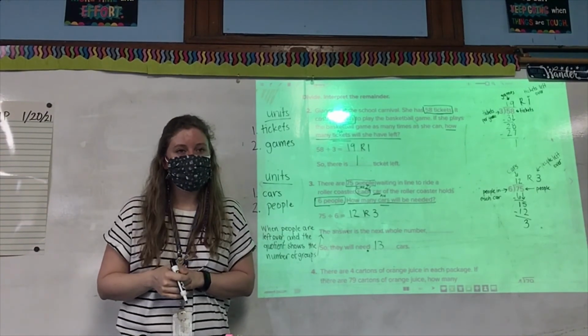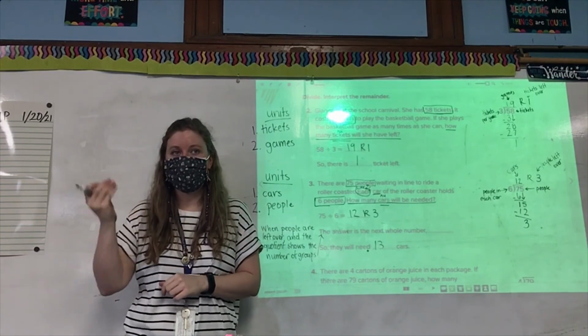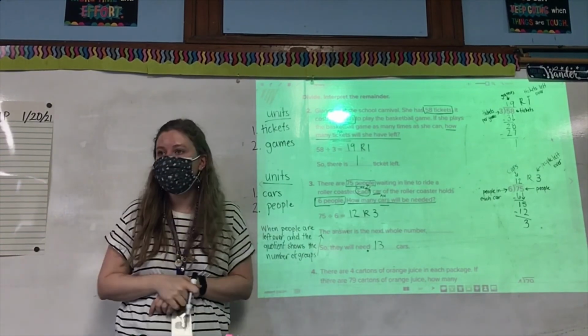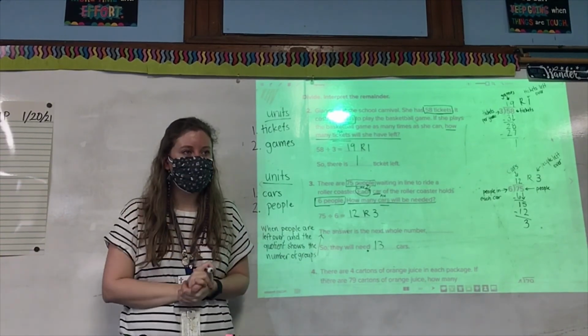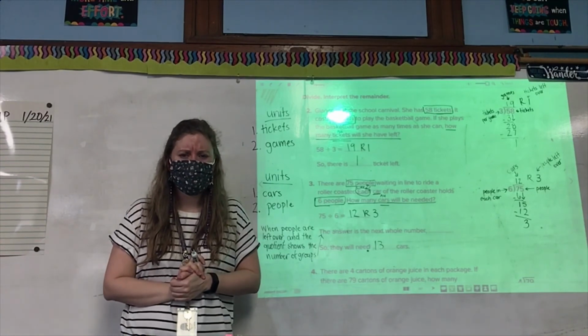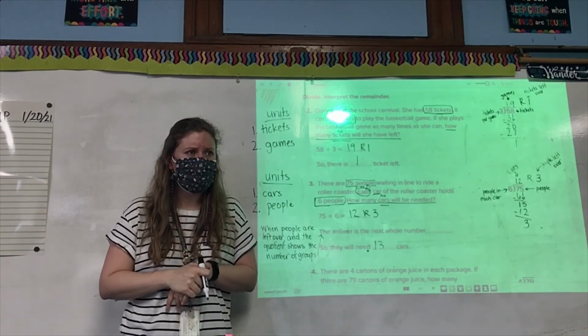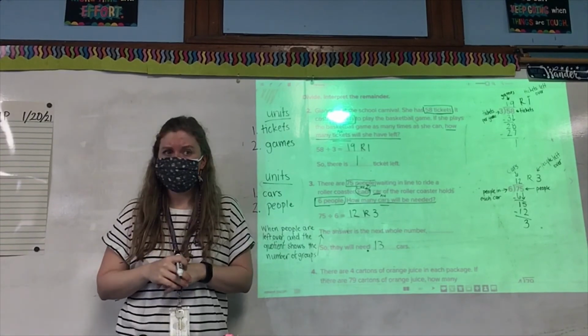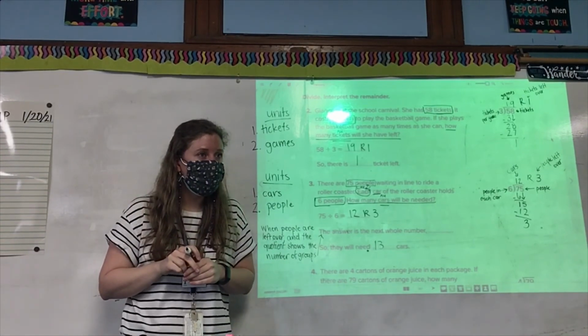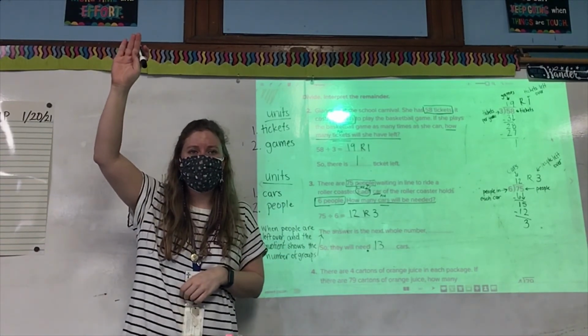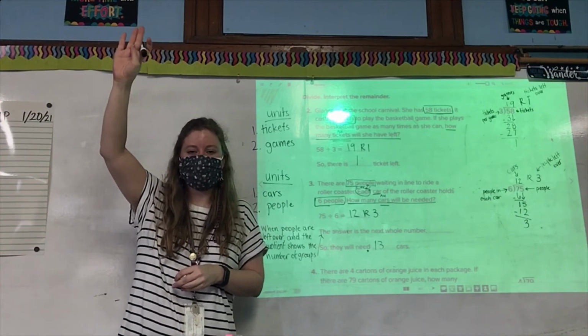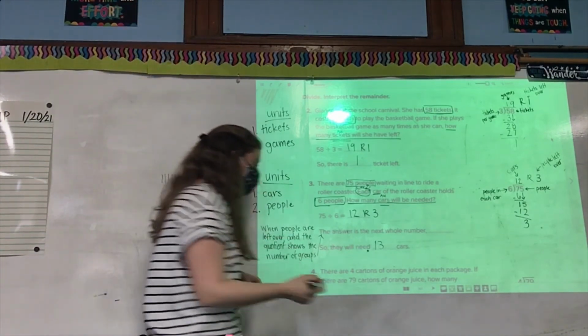Now that's just when you're imagining a number line. What is the next whole number after 12? Is it 3? Does 3 come after 12? Is it 1? Does 1 come after 12? What is the next whole number after 12? What number comes next? Cullen? 13.